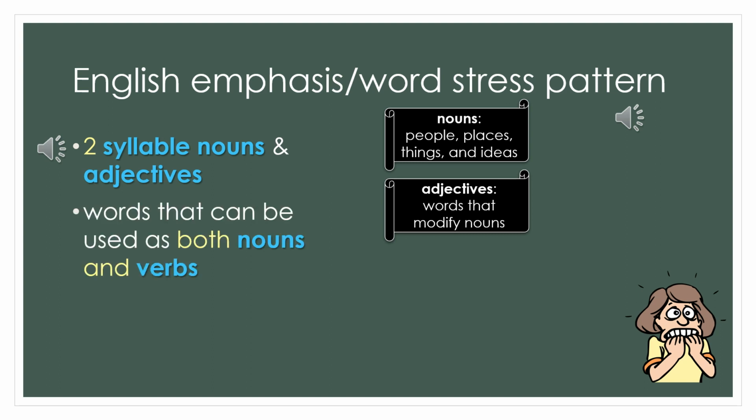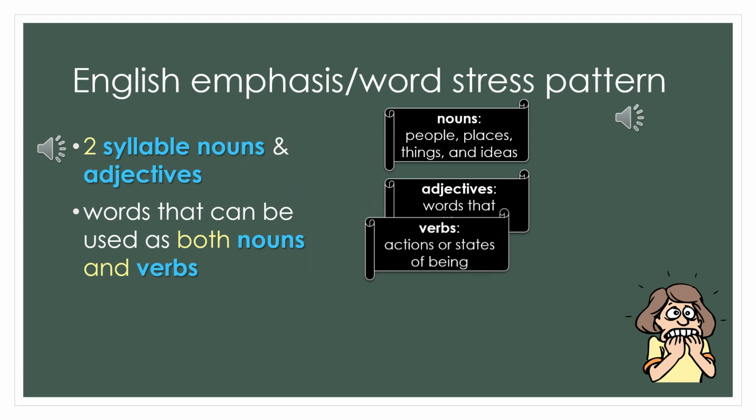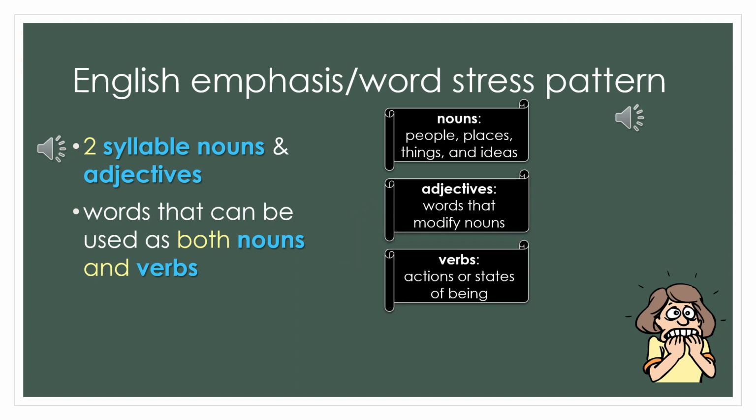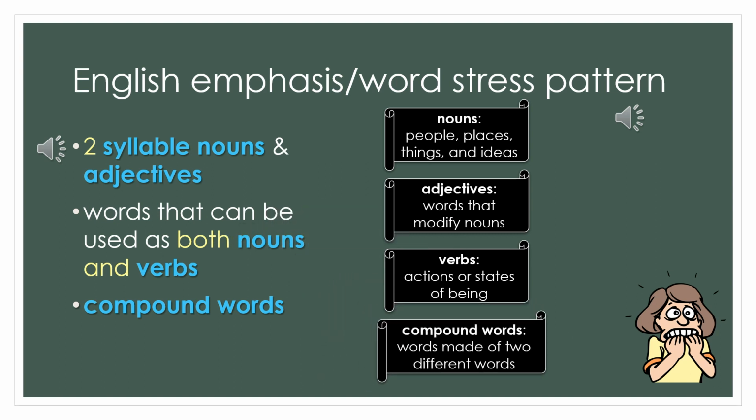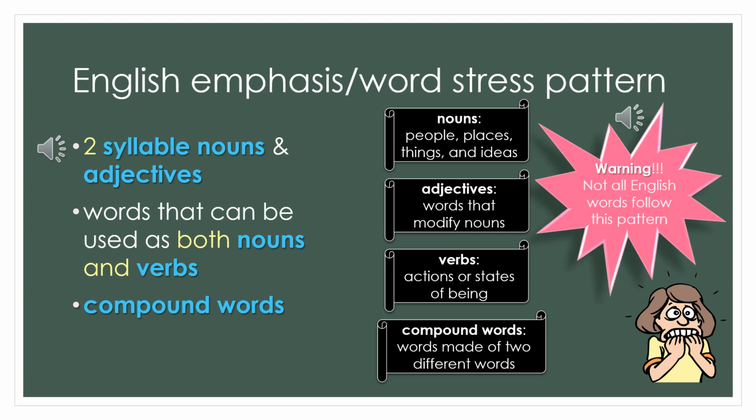The second kind is words that can be used as both nouns and verbs. Don't forget that a verb is an action or state of being. The last kind we will talk about are compound words. A compound word is a word made up of 2 different words. Unfortunately, not all English words follow the patterns that we will talk about.